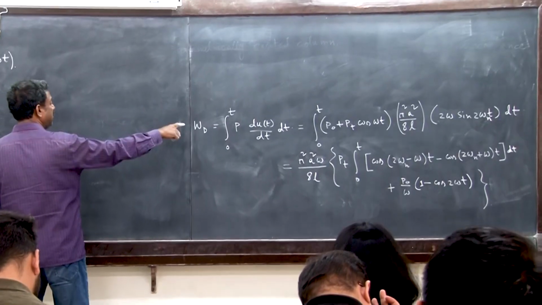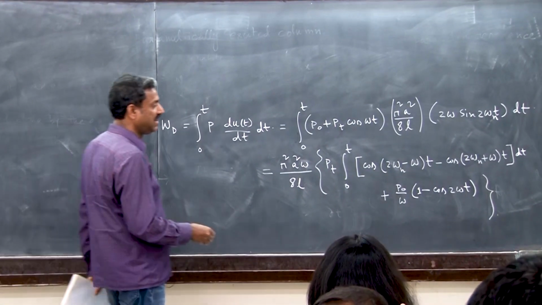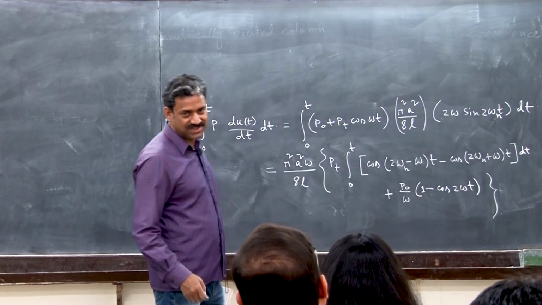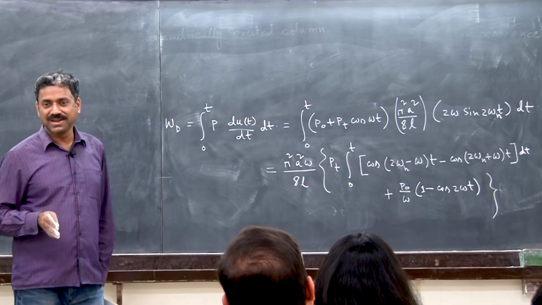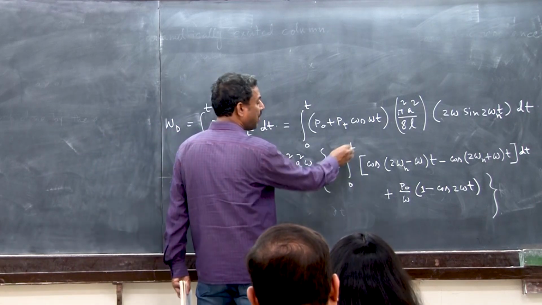Well, before that, we can do some simplification. Instead of making it in terms of t, we can consider a number of cycles, and then we can count the input energy and make the integral definite instead of unbounded.